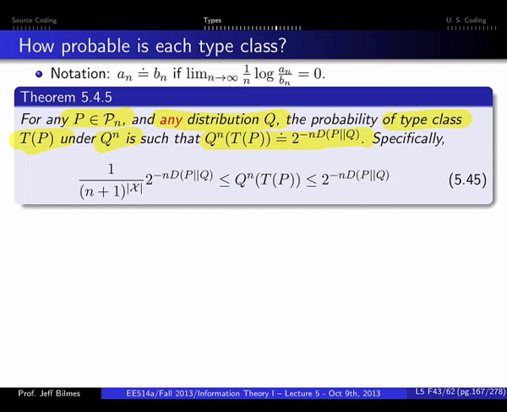Or in other words, we have an upper bound and a lower bound, according to Kullback-Leibler.